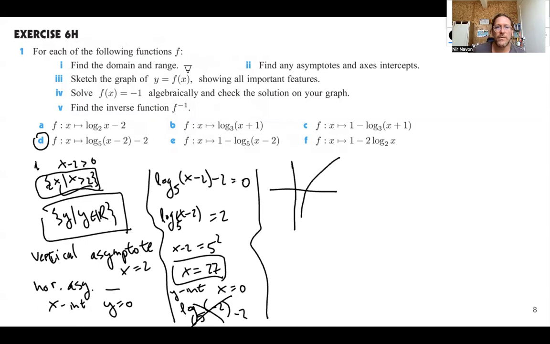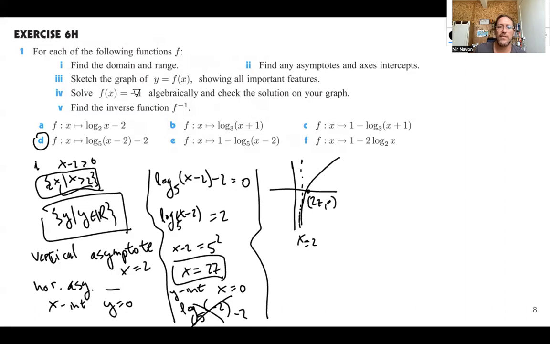Now we need to show all important features. So that would be the vertical asymptote, which is x equals 2. And try not to touch the graph when you use a ruler. And this x-intercept would be x equals 3.